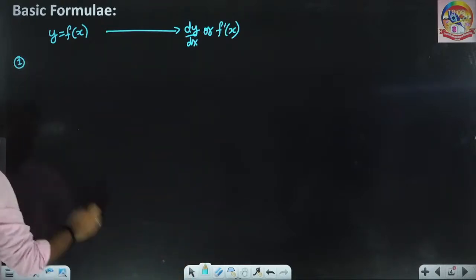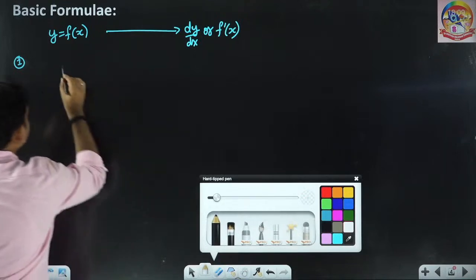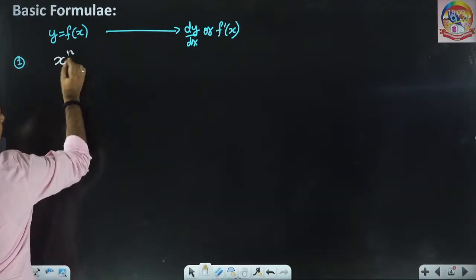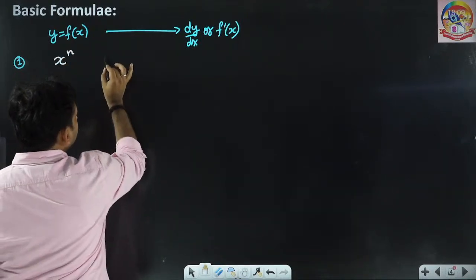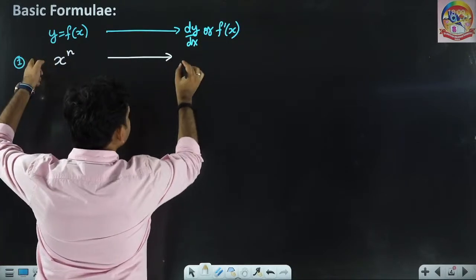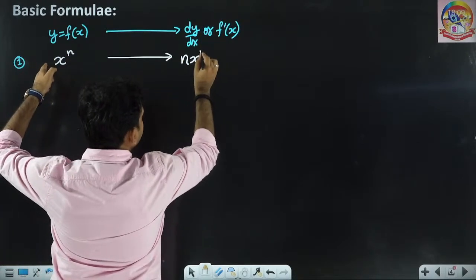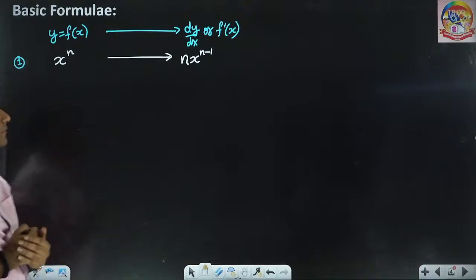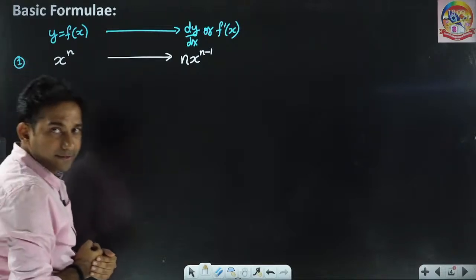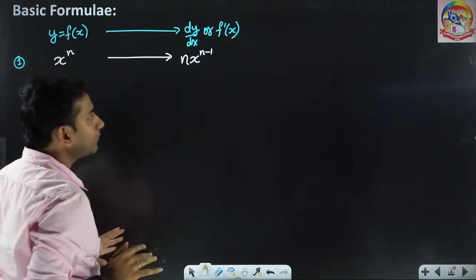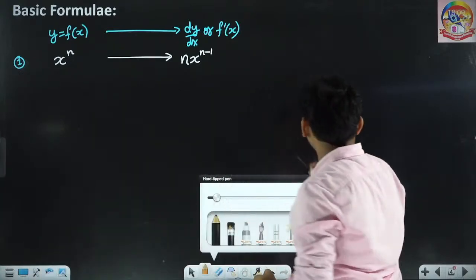So the first formula: if we have x to the power n, then while differentiating it, its power will be multiplied and the actual power will be reduced by 1. So n x to the power n minus 1. I'll keep giving you examples.